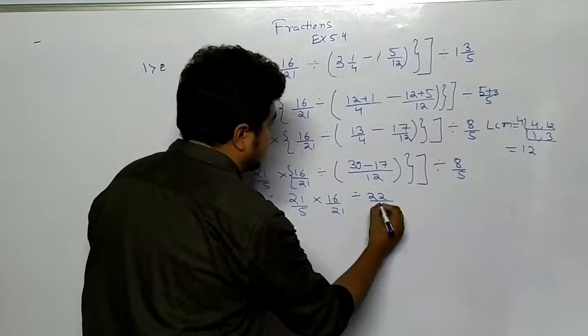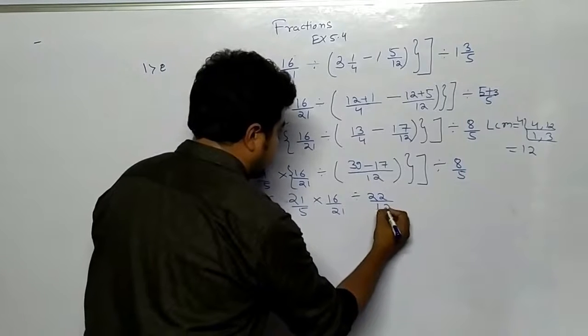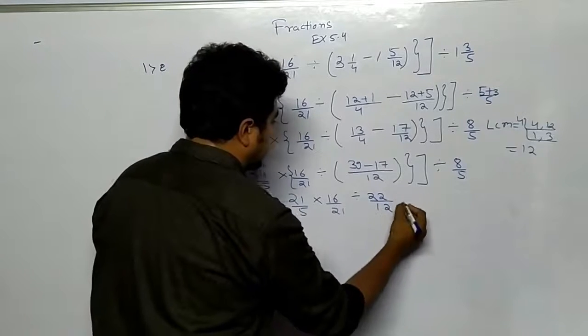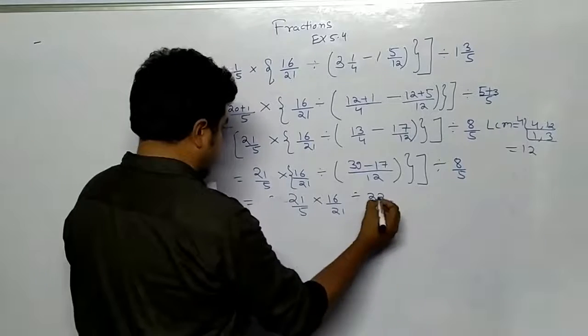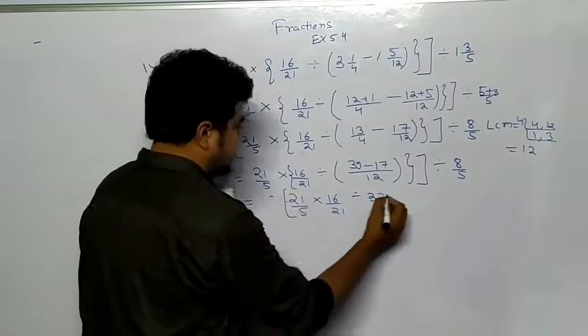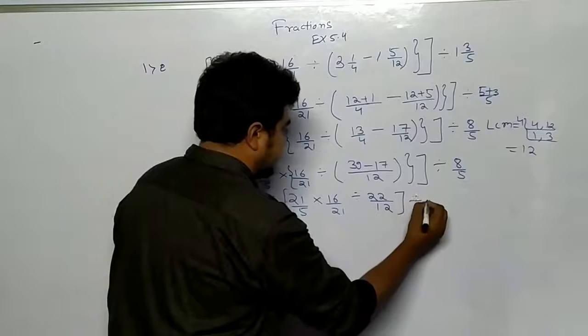You can write 22 by 12. And then divide sign is again present. Outside this, divide sign is again present.